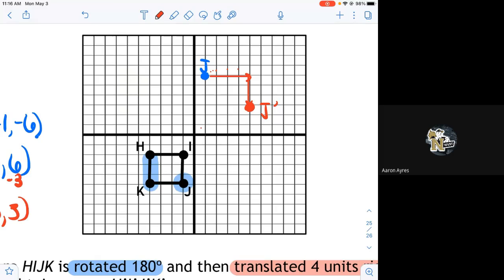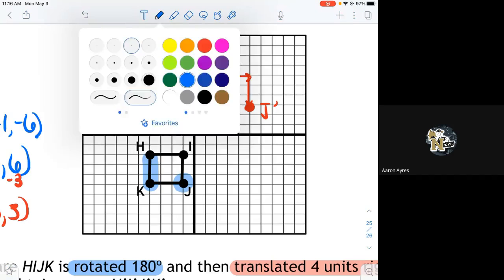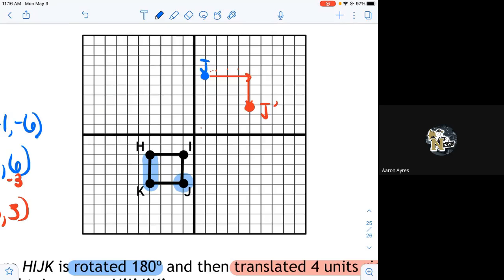Did you make sure you focused on the right point when you rotate it? I rotated it right. I just went down instead of up. Okay, gotcha. So does that make sense now? Are you good?